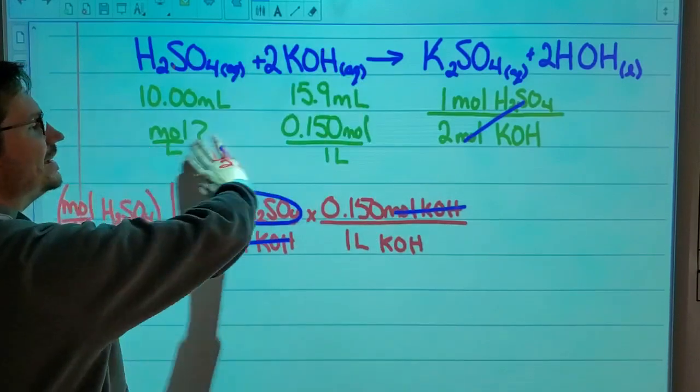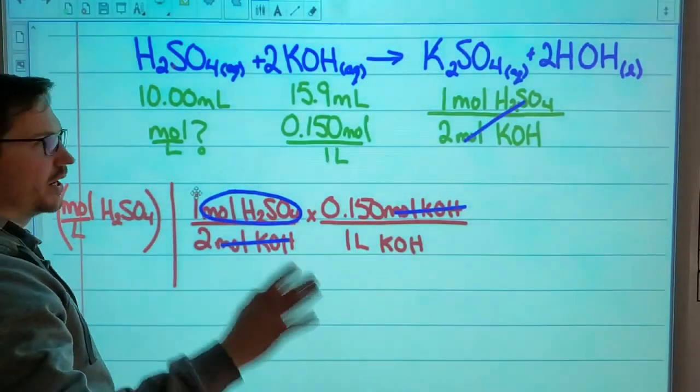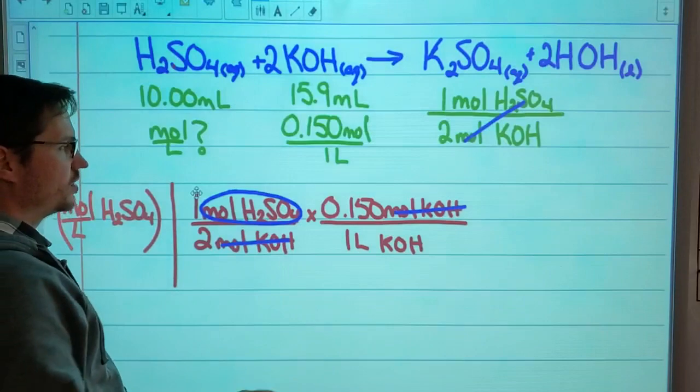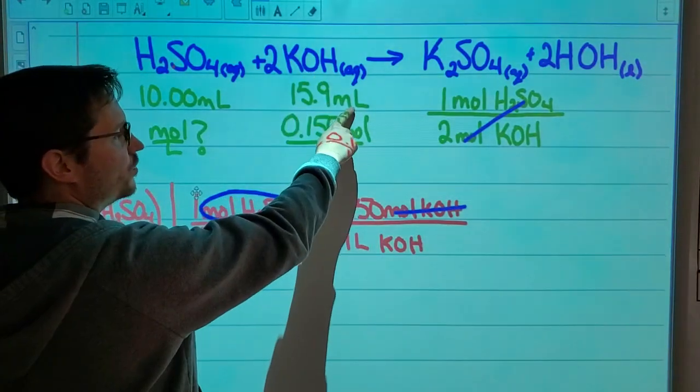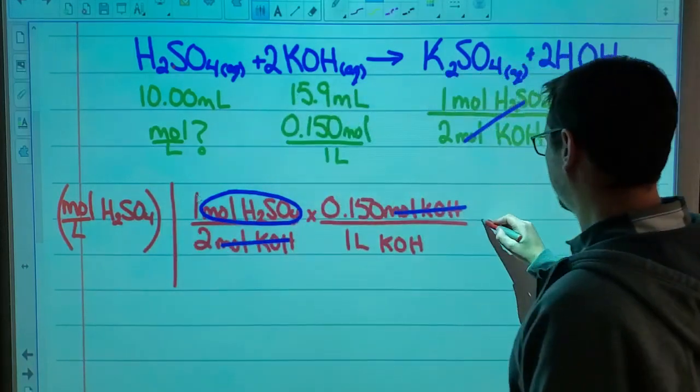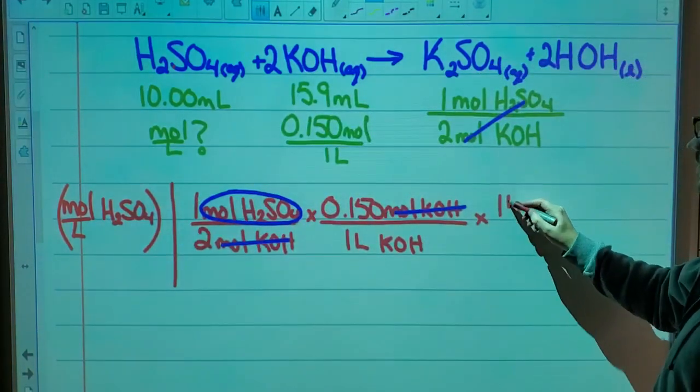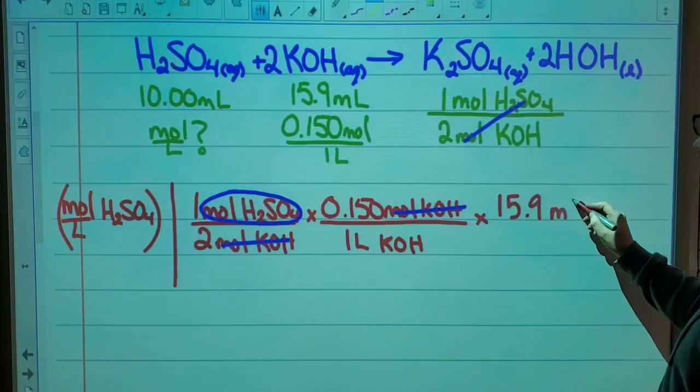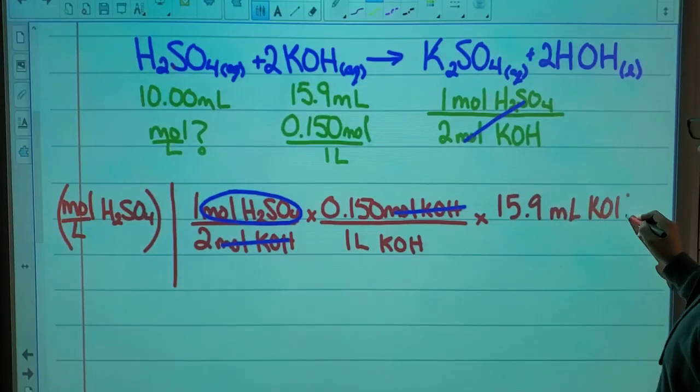I don't see liters anywhere, but I do see milliliters. So under KOH, we have 15.9 milliliters. Okay, that'll have to do, times 15.9 milliliters of KOH.